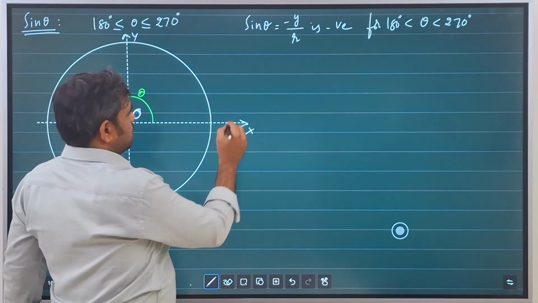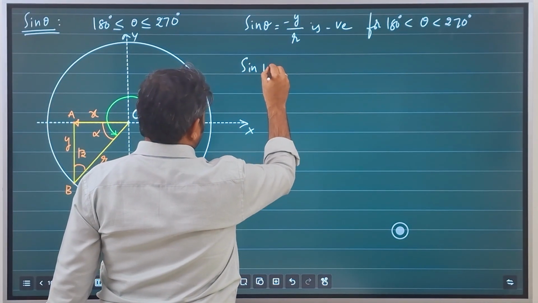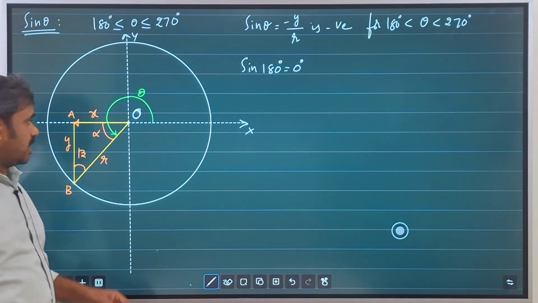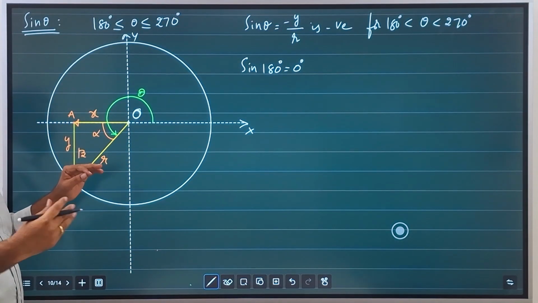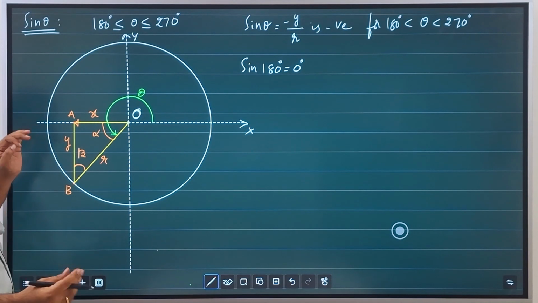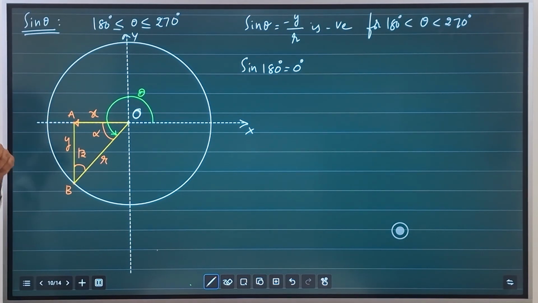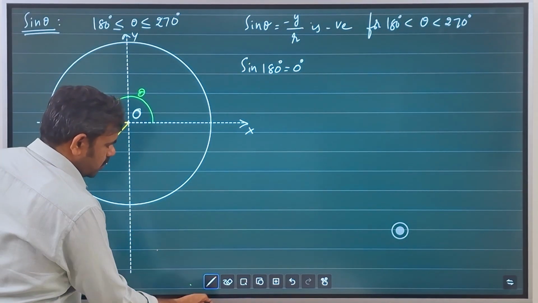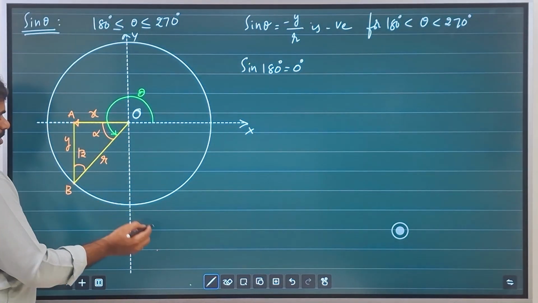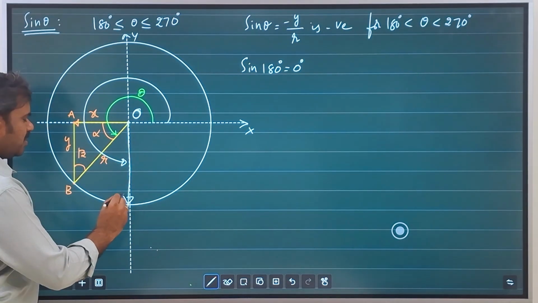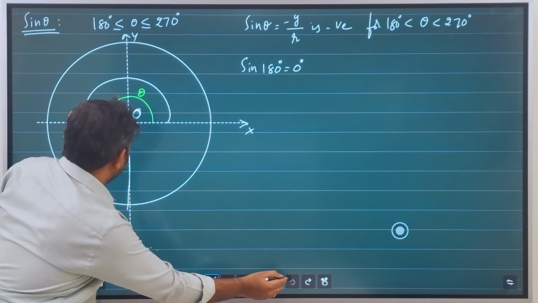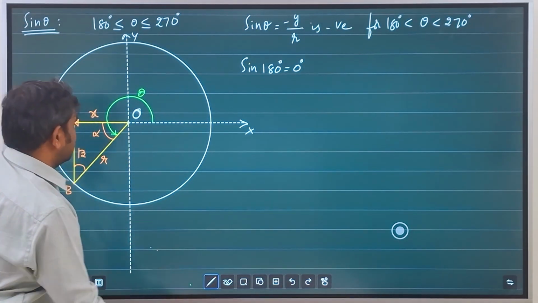We know already sine 180 degrees is equal to 0. We have seen in the second quadrant that the sine theta value decreases from 1 to 0. Sine 180 degrees is equal to 0. As theta increases, look at the value of y. For theta equal to 270 degrees, y becomes equal to minus r.